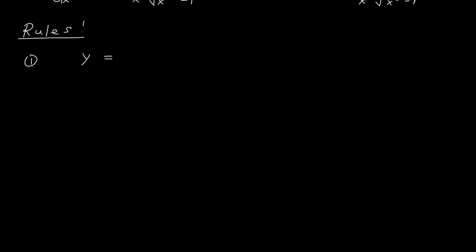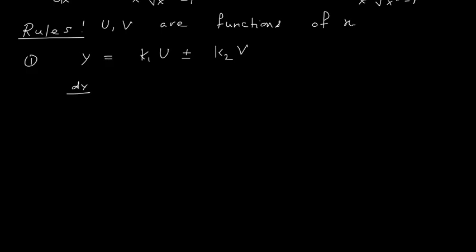So here, the rule: if y is equal to k1 times u plus or minus k2 times v, where u, v are functions of x, then its derivative dy upon dx will be: this k1 is a constant, so I take this constant out and differentiate only this part u, which is a function of x.